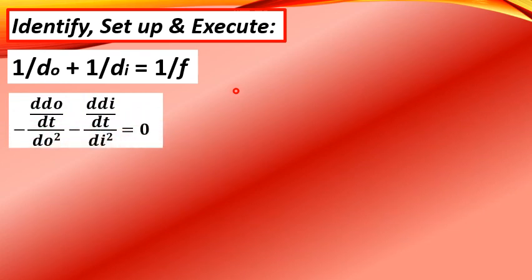So, we take the derivative of 1 over dO as negative of the derivative of dO over dt over dO squared, minus the derivative of dI over dt over dI squared, which is equal to 0, because f is a constant, so the derivative of a constant is equal to 0.